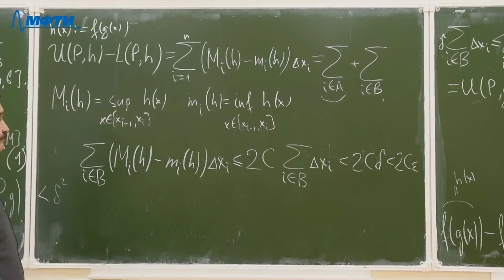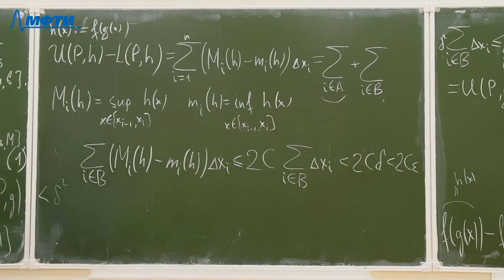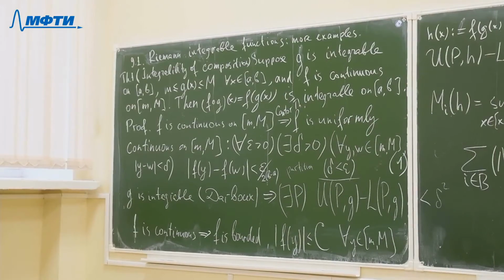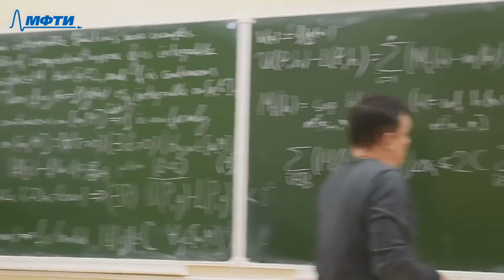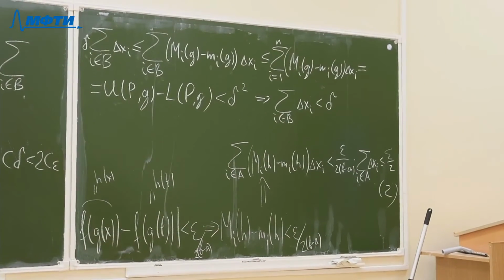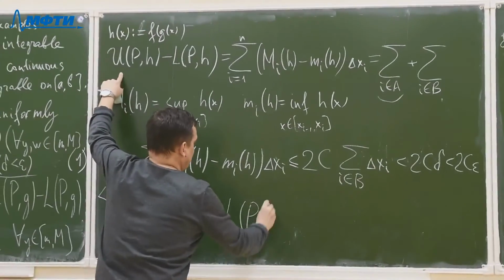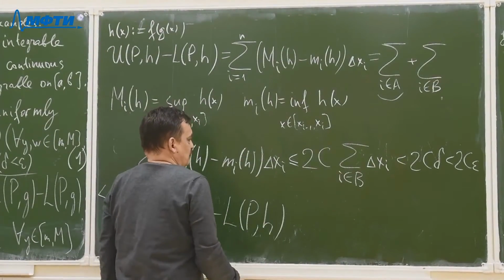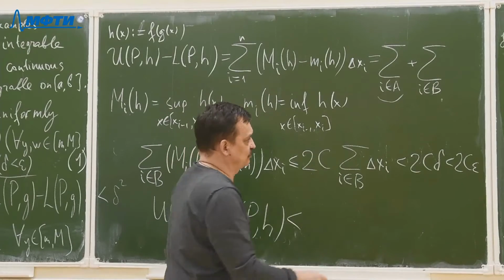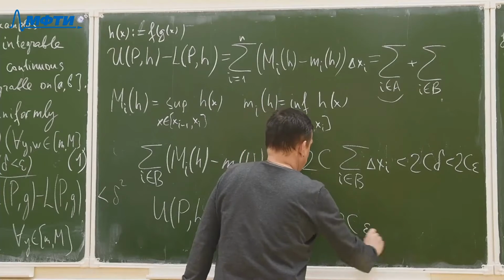Oops. So from the beginning I should choose here epsilon over 4c, doesn't matter. So together with the previous estimate it gives that U of h minus L of h is less than epsilon over 2 plus 2c epsilon.